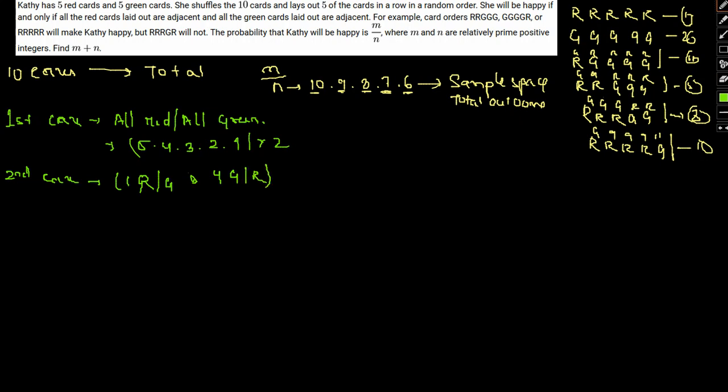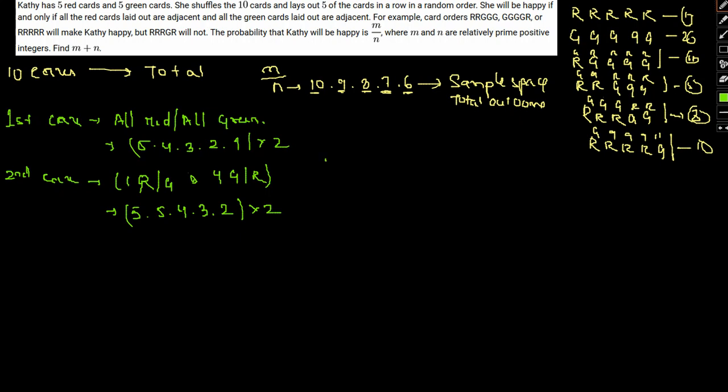So this will be 5 into 5 into 4 into 3 into 2. Hope this much is clear. Again we'll multiply by 2 because there are two cases, either red and green or green and red.